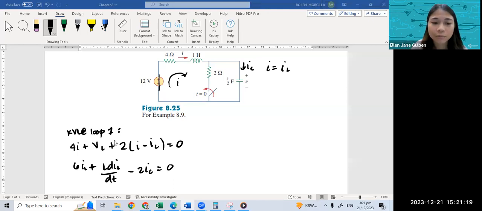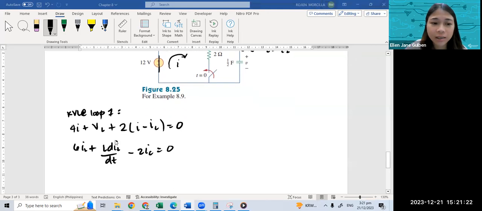Okay, so simplifying the equation, we are going to get the value of our current. So getting the value of our current for I becomes IL plus VL. We know that that is equal to L di dt plus 2 times I minus IC.